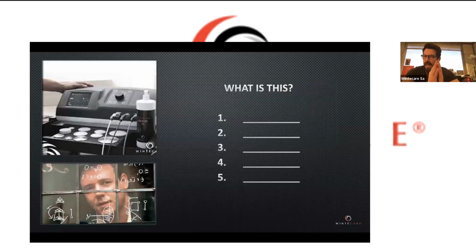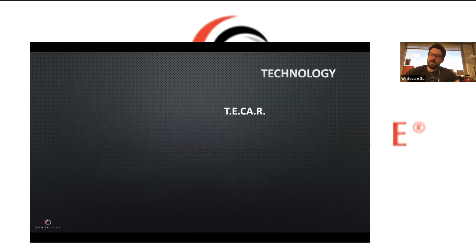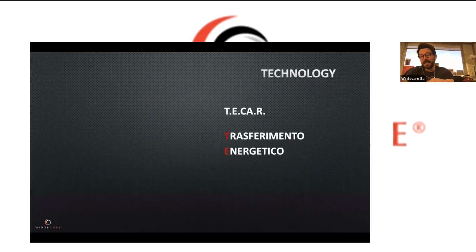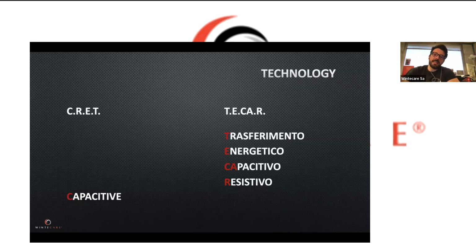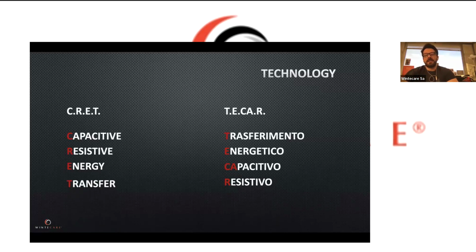T plus, okay. Before getting to the protocols, what is T plus? You are familiar with the word tecar, which is an Italianization of an English acronym. Actually, tecar is the acronym of an Italian wording, trasferimento energetico capacitivo resistivo. But originally, and more consistently, it is capacitive resistive energy transfer, CRET. What does it mean?